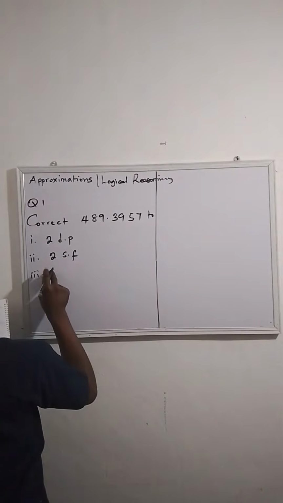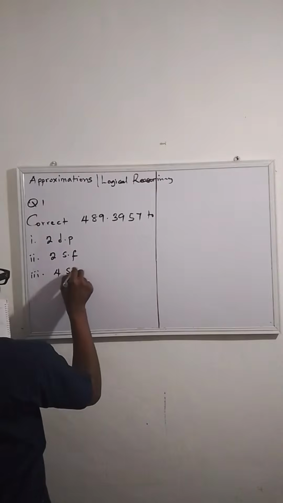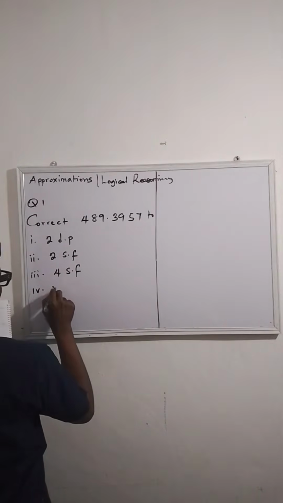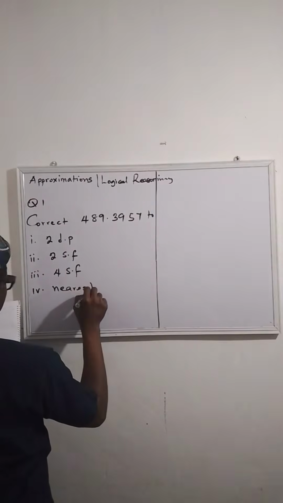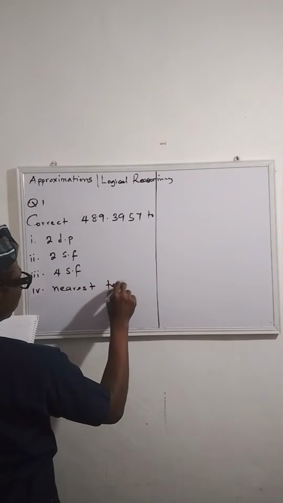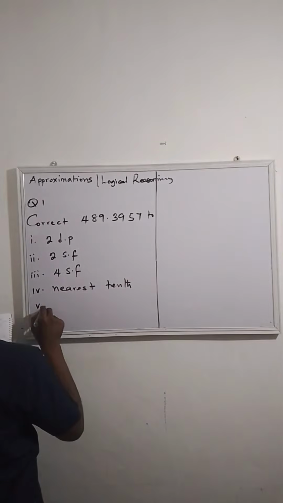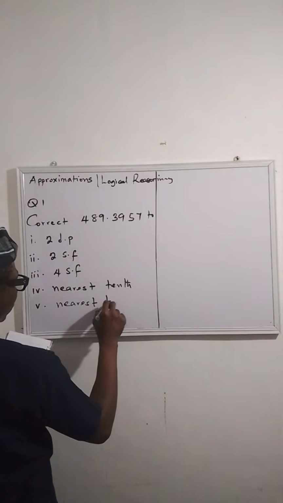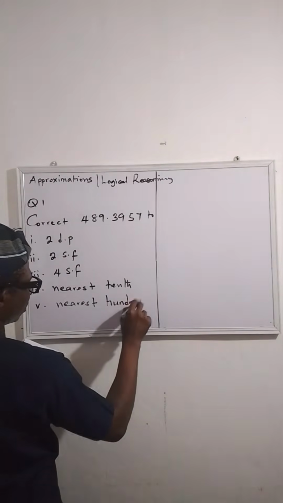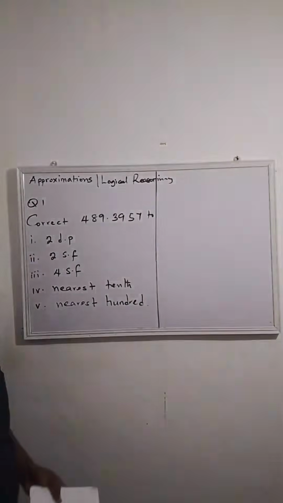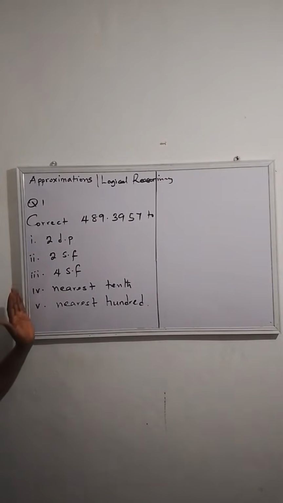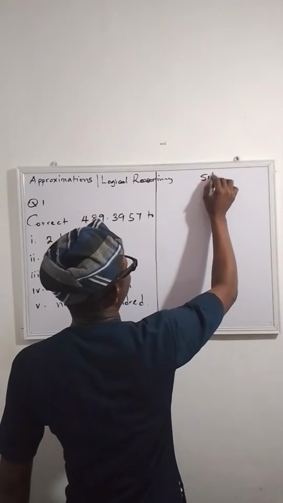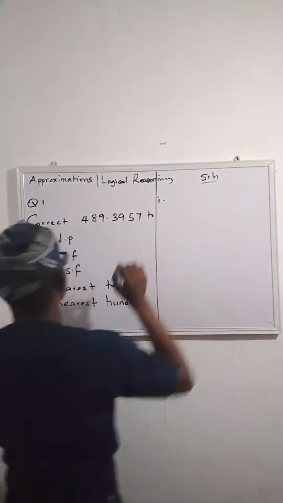Roman numeral 3, 4 significant figures. Roman numeral 4, nearest tenth, and 5, nearest 100. I want to believe you can all see the board, you can see the question. So now let's look at the first question we have here.